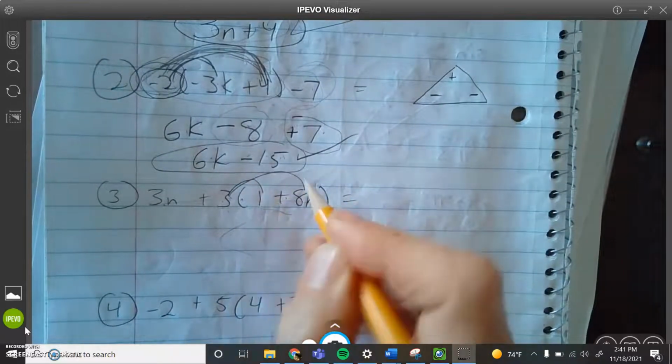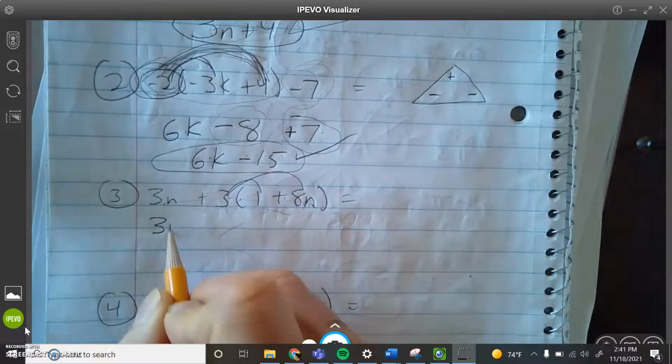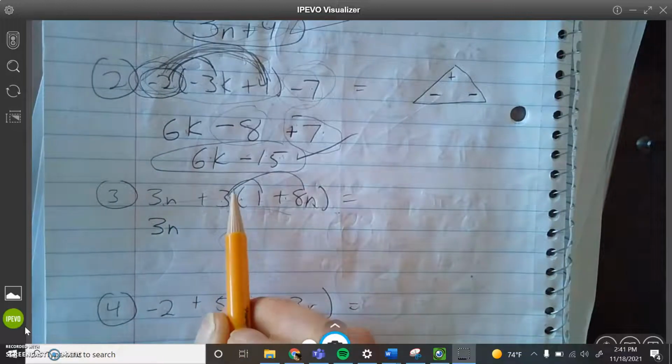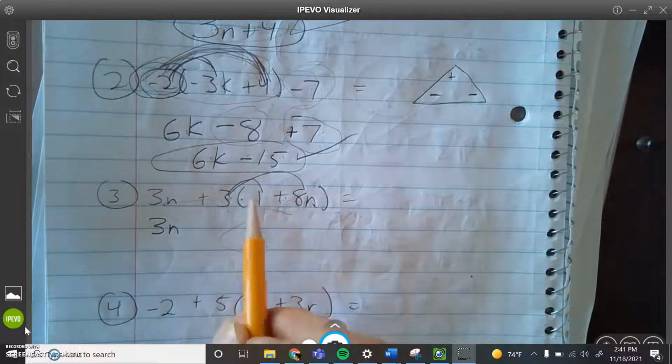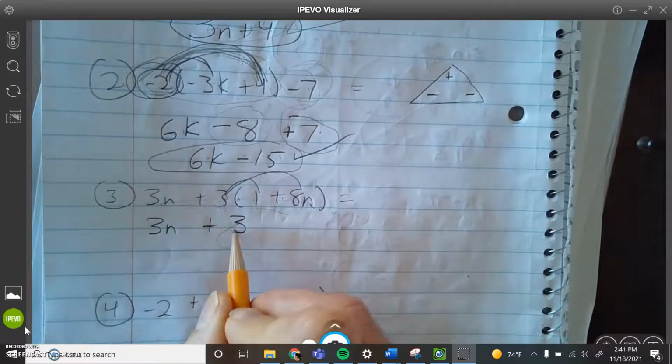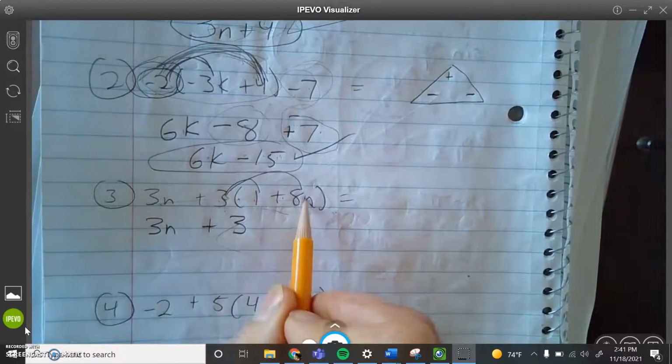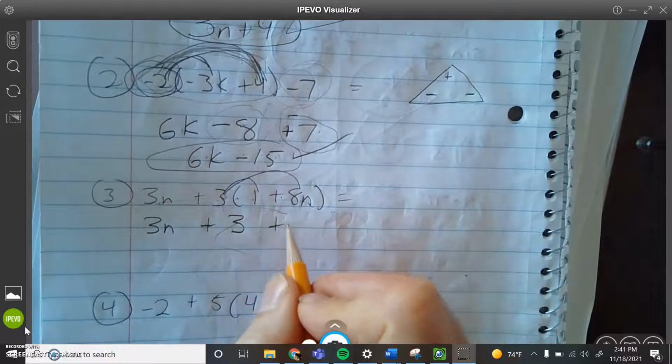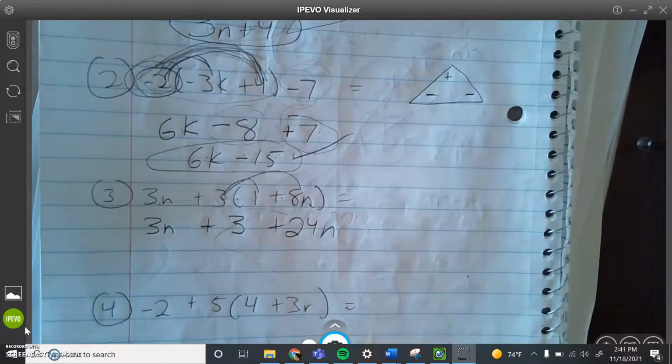Bringing down the 3n right there. Now I'm going to distribute over here. Distribute first. 3 times 1 is 3, positive 3 to be exact. 3 times 8n is 24n. Thank you very much.